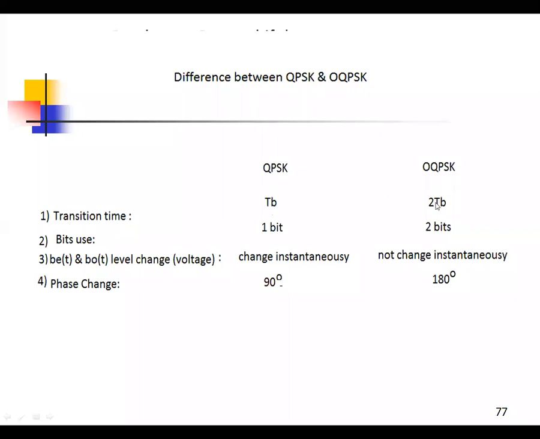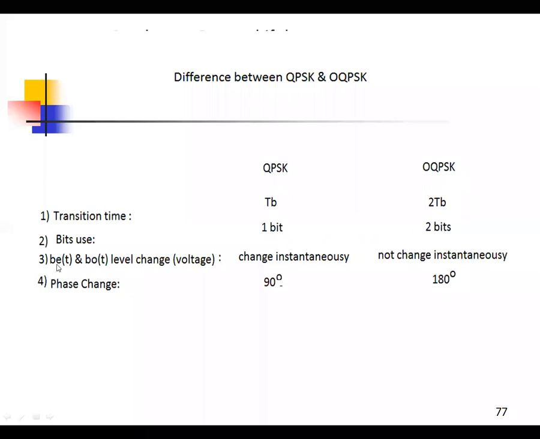Offset QPSK is 2 TB. Bit used: 1 bit in non-offset QPSK, 2 bits in offset QPSK.